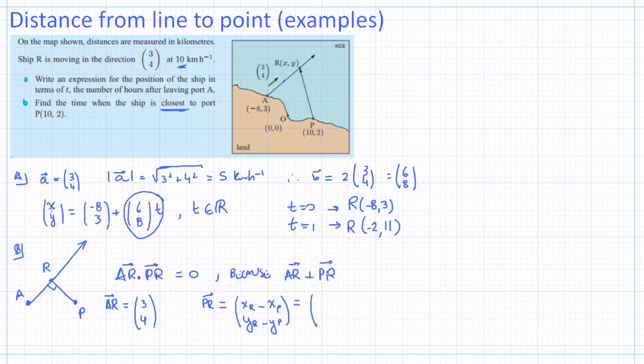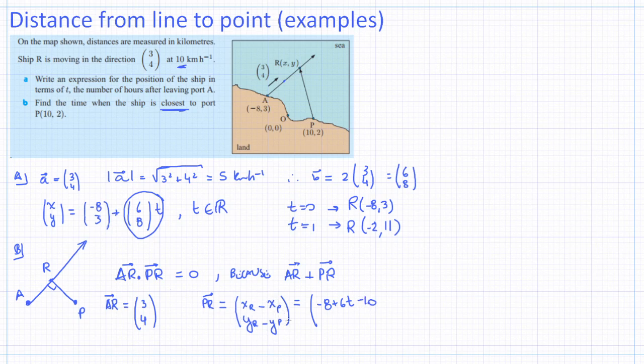So if we do that, XR is given by our equation. So x of R is negative 8 plus 6t. What's x of P? Well, that's the coordinate of P. So x of P is 10, so this is minus 10.